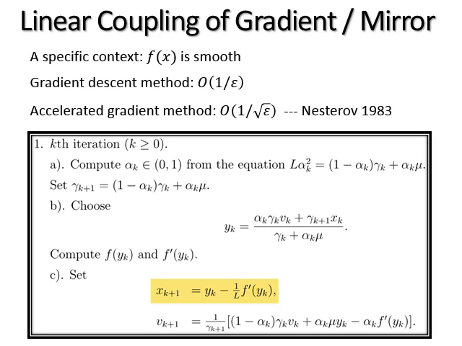For those of you who remember Nesterov's method, this is a snapshot of one of the pages from Nesterov's textbook. His method has many mysterious components, such as choosing this parameter to be the root of a quadratic function, and several linear summations that are, a priori, not clear why they are here.